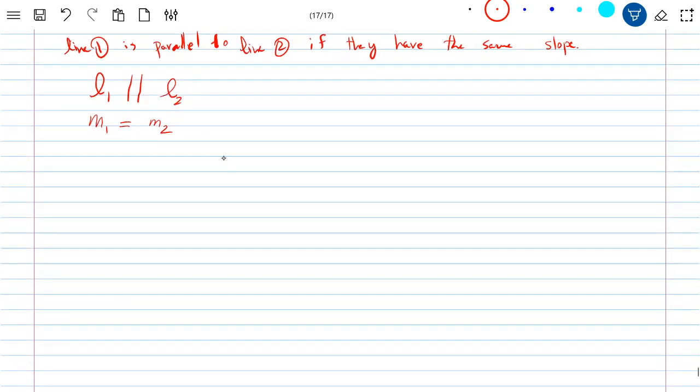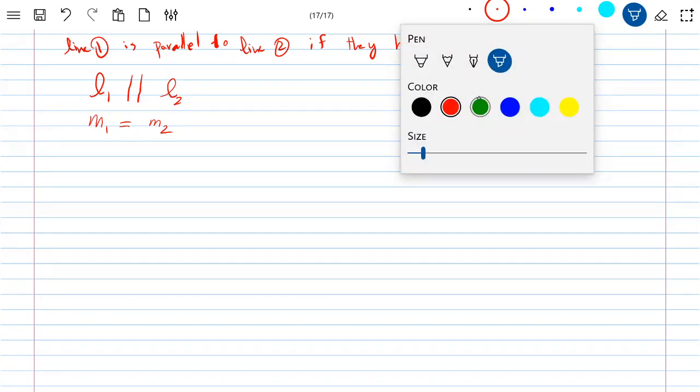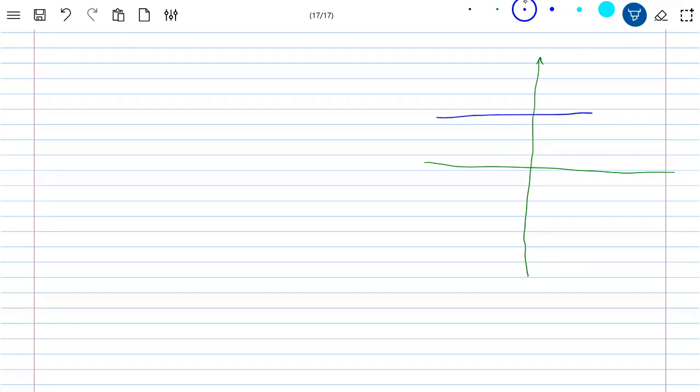Okay, let's discuss the perpendicular line. Again, I'm going to pick an easy case so you can see it. Let's say I have this straight line.